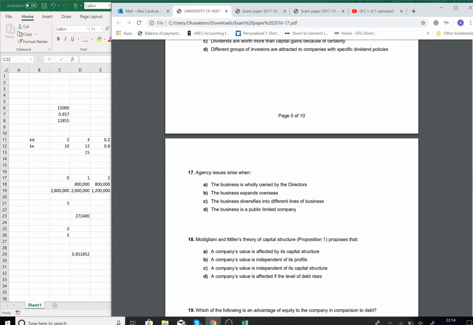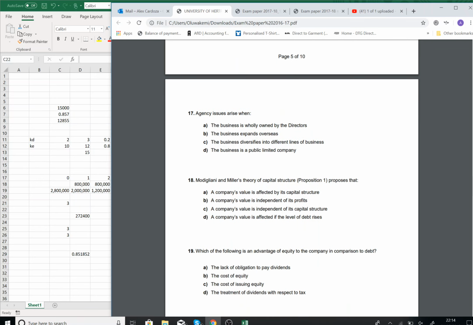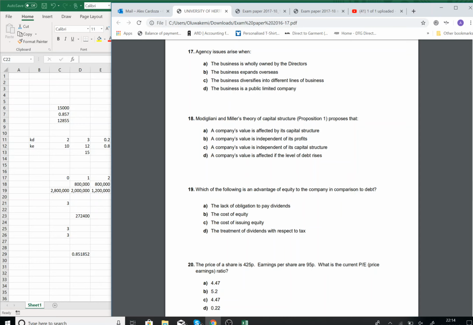Modigliani and Miller's theory of capital structure, proposition 1, proposes that a company's value is independent of its capital structure, as we discussed last time in the previous video.